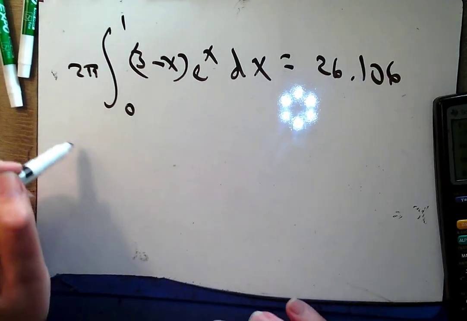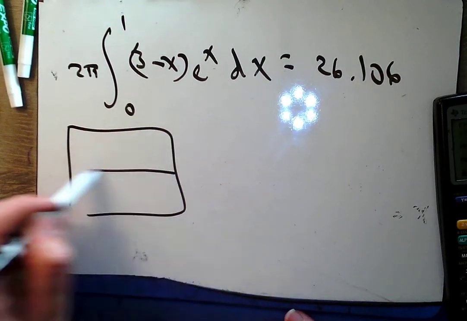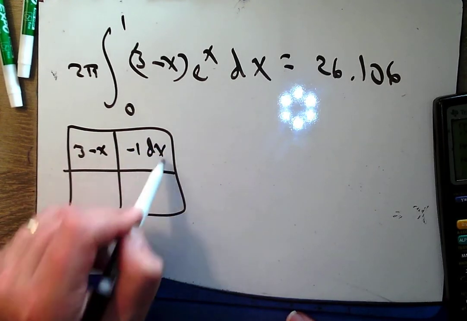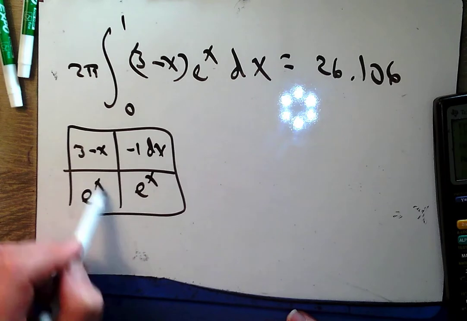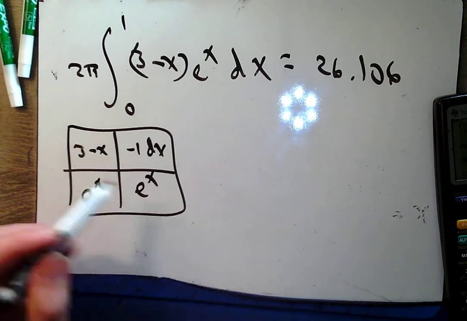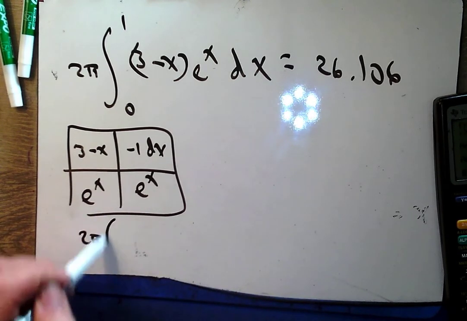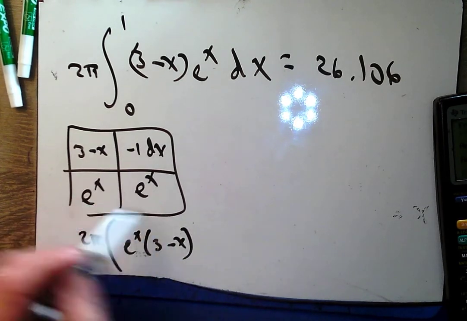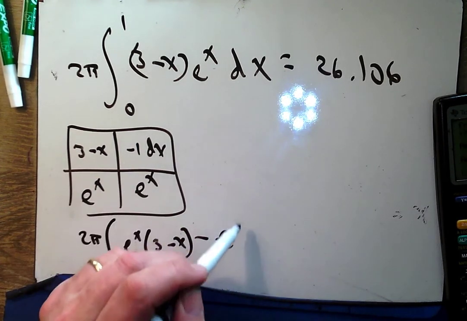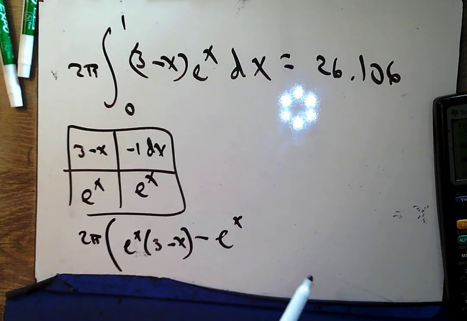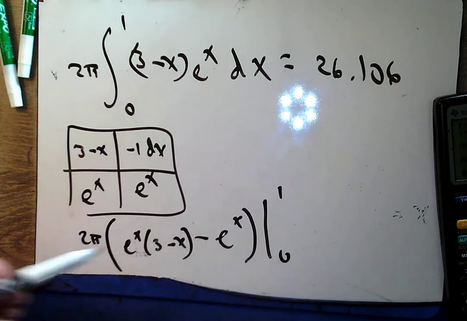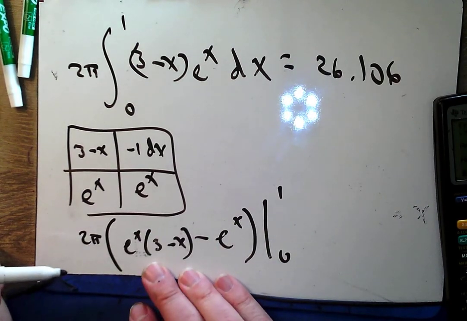I want to do it by hand. 3 minus x, x, x, e to the x. So 2 pi x, 3 minus x, minus the integral of e to the x, which is e to the x. We're evaluating that from 0 to 1.